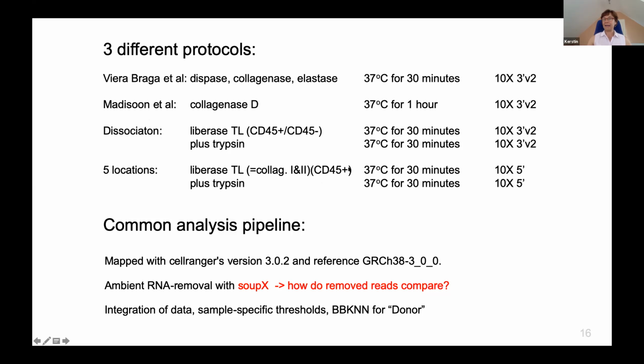All of these single-cell transcriptomes were mapped with the same computational pipeline, and then we removed ambient RNA with SoupX. And then we actually used the removed reads, the soup, to compare what the effect was on the transcriptomes, because if particular cell types die, then you get a different representation of soup in your sample.